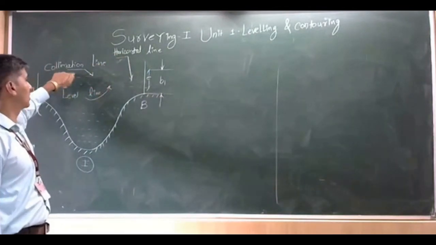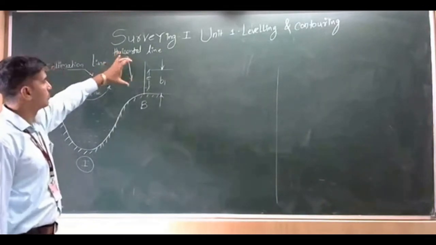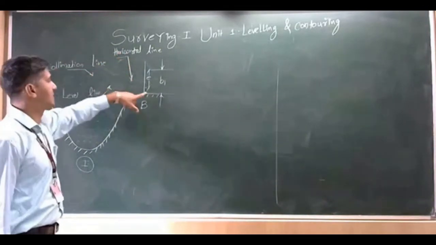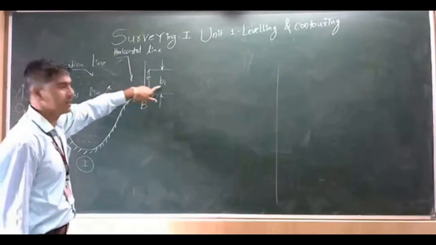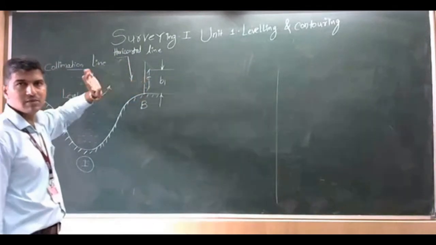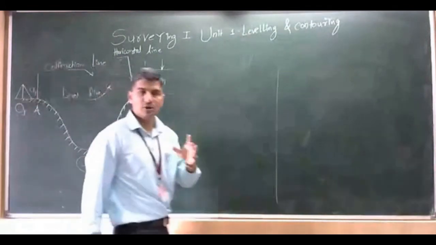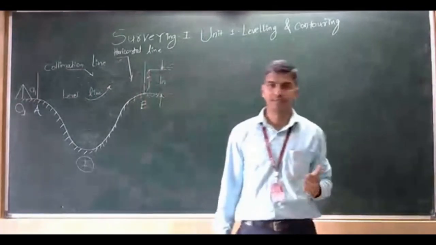We have 3 lines: collimation line, level line, and the horizontal line. So we require the exact reading, which is B1 minus E. But we have got B1, as the instrument is not in permanent adjustment.